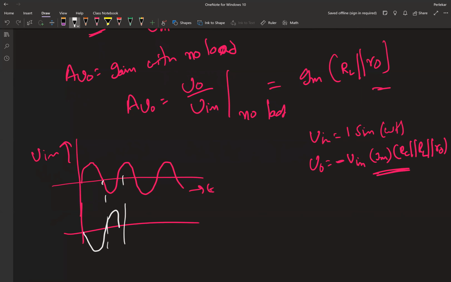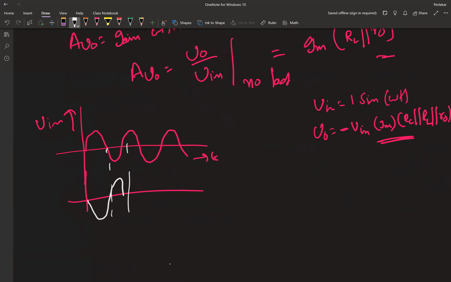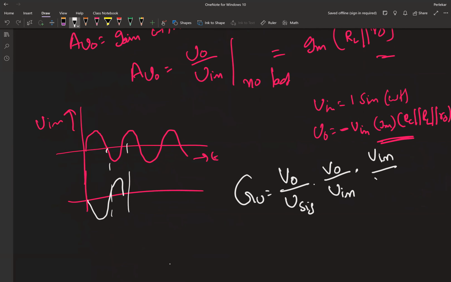Okay. So here there is no signal resistance. So the overall gain GV is output over input, which is V signal. I can write this as V naught over V input times V in over V signal.